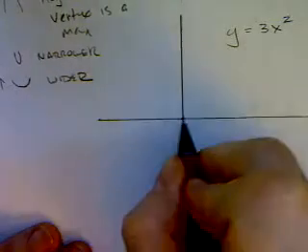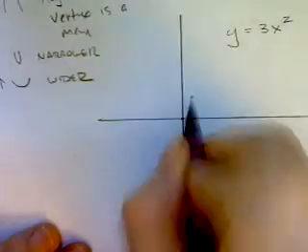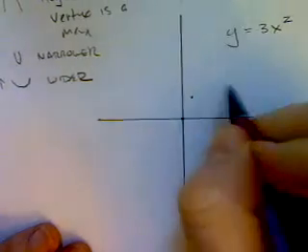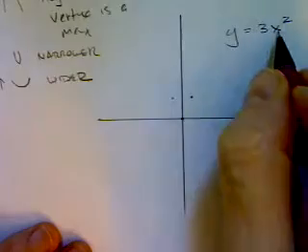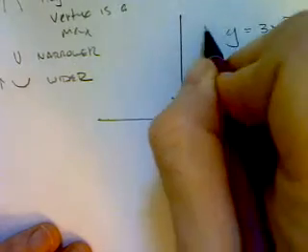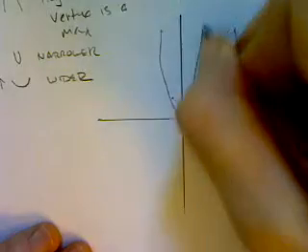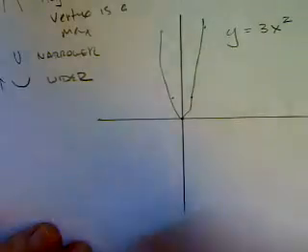If x is 1, y is going to be 3. It's going up. Or if x equals -1, y is 3. If x equals 2, y is going to equal positive 12. It's going to probably look something like this. It's a very poorly drawn parabola.